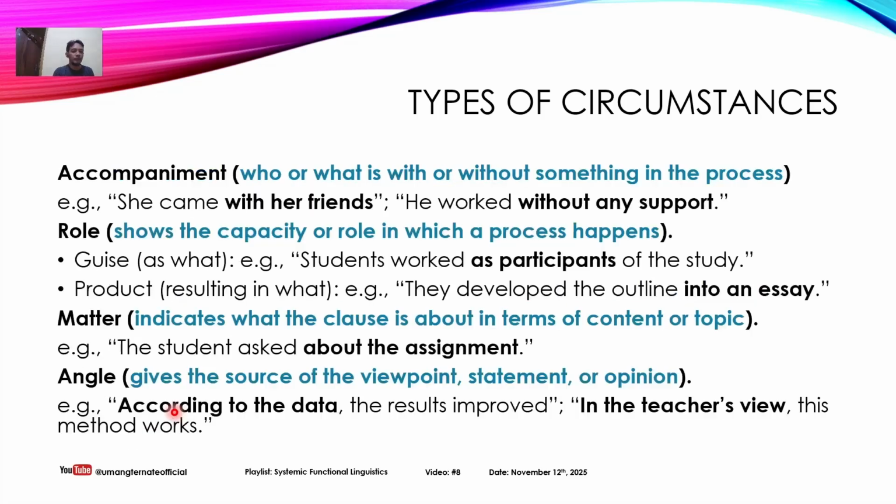And then accompaniment. Accompaniment describes who or what is with or without something in the process, the participants. Like she came with her friends. So with her friends is the circumstance of accompaniment, which means that her friends accompany the participant here, she.